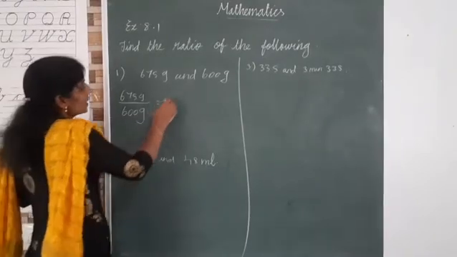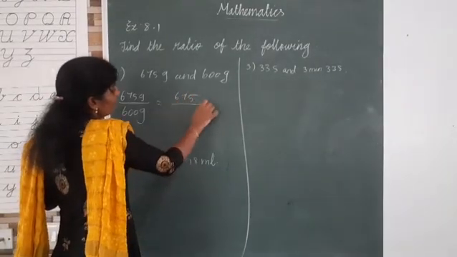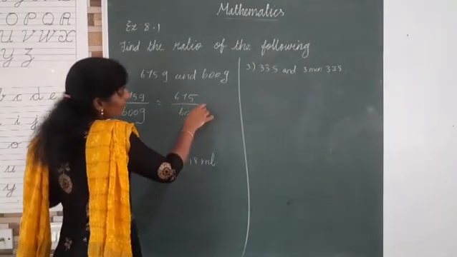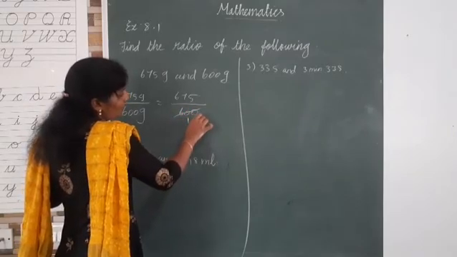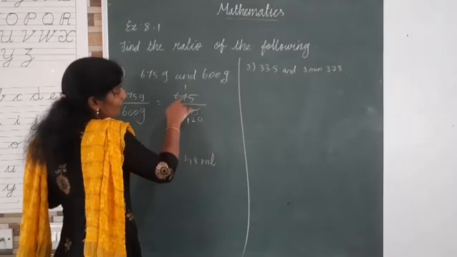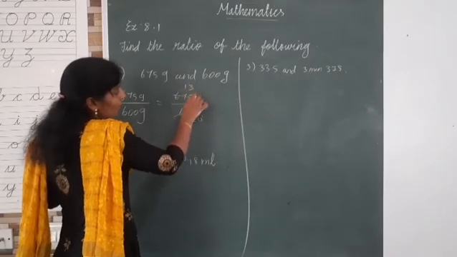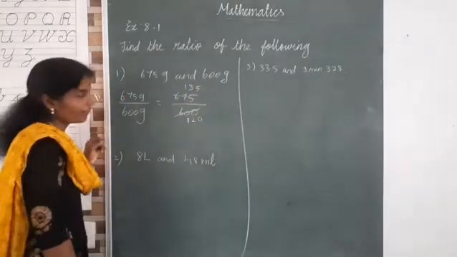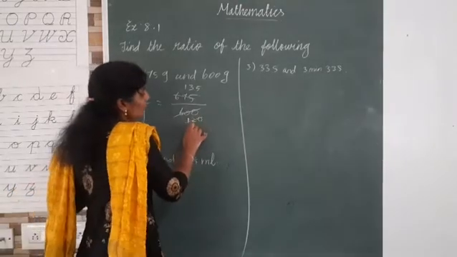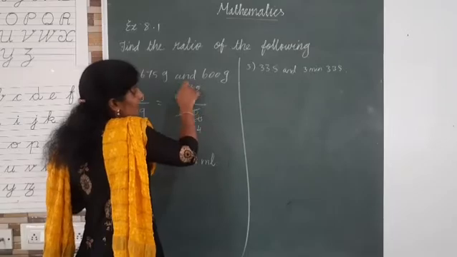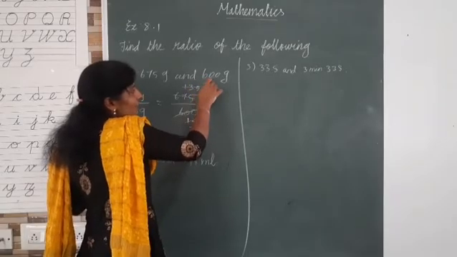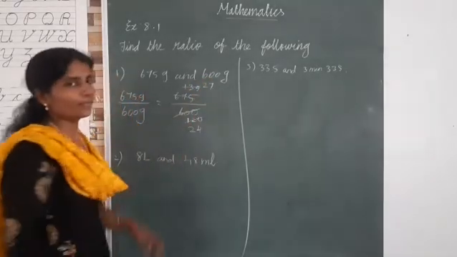We can use 675 divided by 600. We can use the 5 table. 1 5 is 5, 2 5s are 10, then 0. Here 1 5 is 5, 1 balance, 3 5s are 15, 2 balance, 5 5s are 25. Again we can use the 2 table, 2 5s are 10. Okay, then 4 5s are 20. Then here 2 5s are 10, 7 5s are 35.